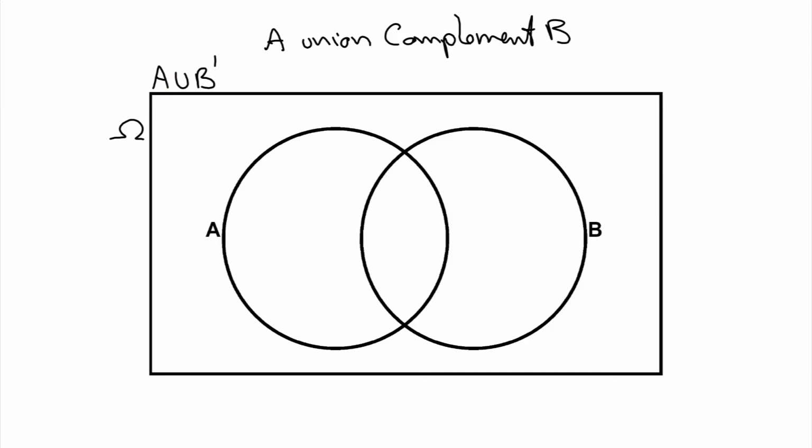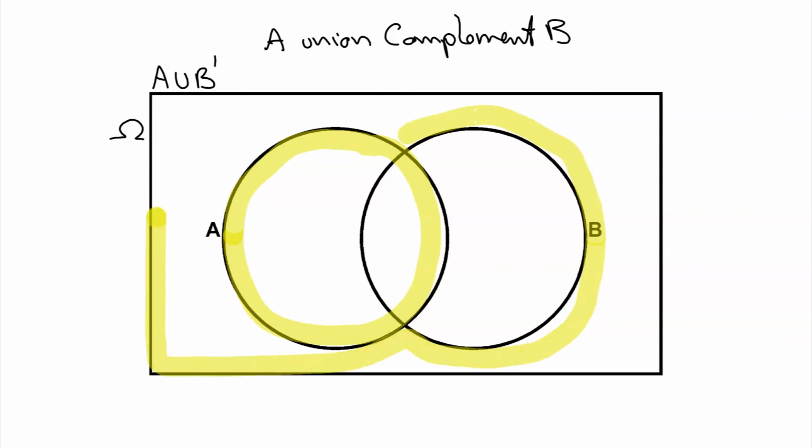We've got the union, which means OR. So it can be in A, so everything that's in A, or in everything that's not B, so everything that's outside of B. And once we've defined that, now we can identify that's all of the space.